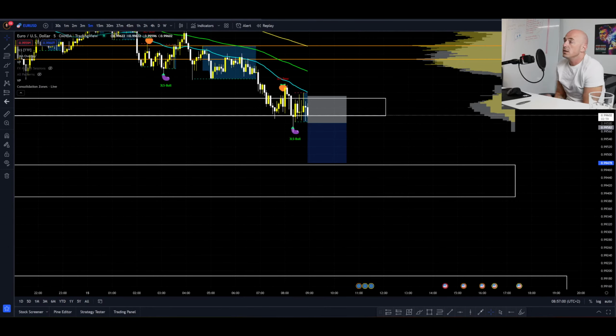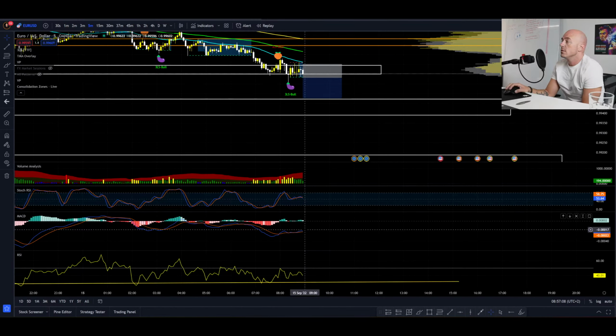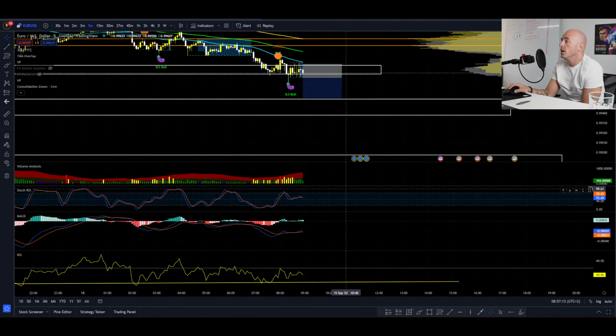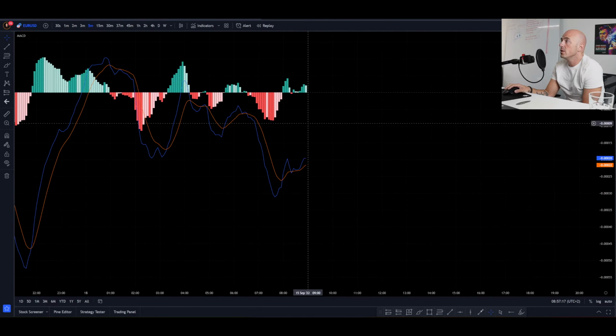I'm liking it. Let's see what my confluences are saying. Stochastic crossing down. MACD below the 1. Getting a little bit weaker, but curving up.